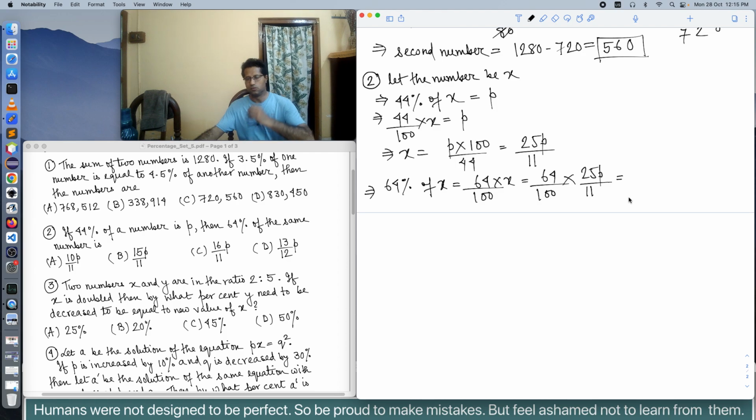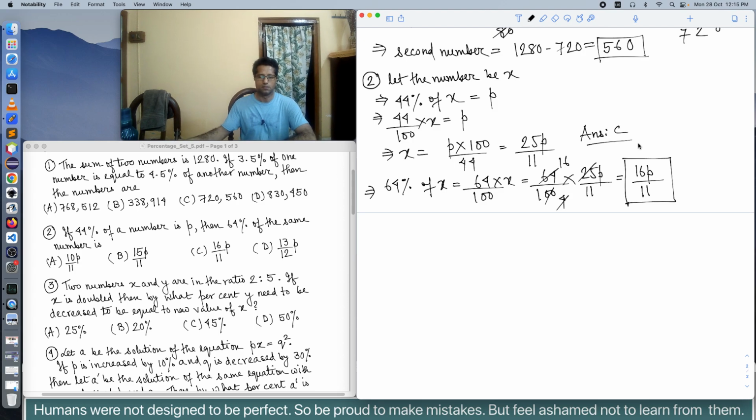If we simplify, 25 cancels 100 with 4, and 4 divides 64 with 16, we get 16P by 11. So this is the 64% of the number, and hence the correct choice is C. The correct choice is C.